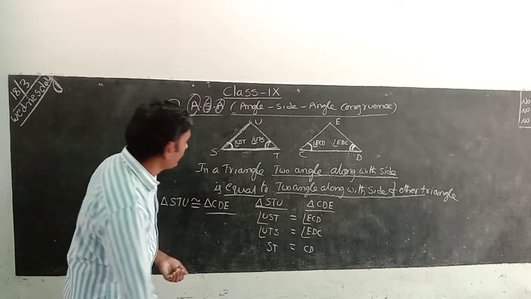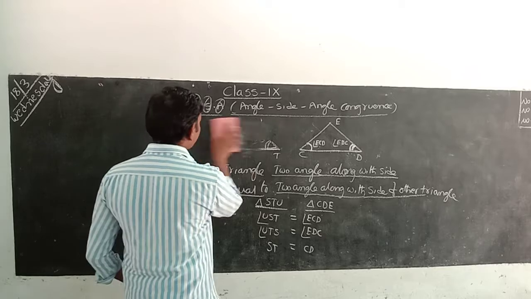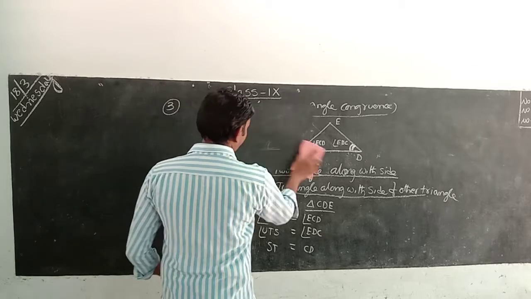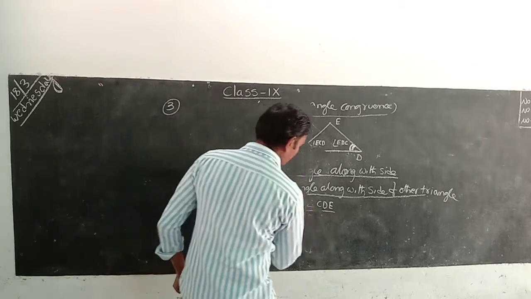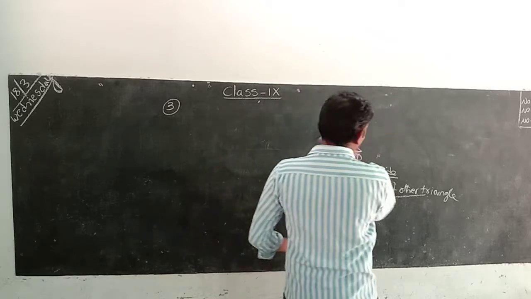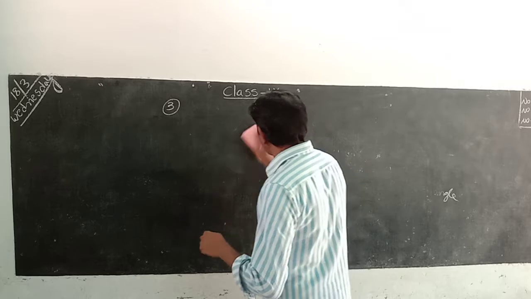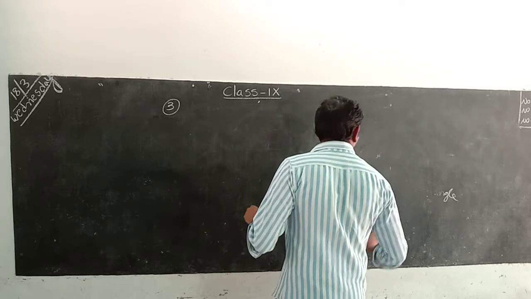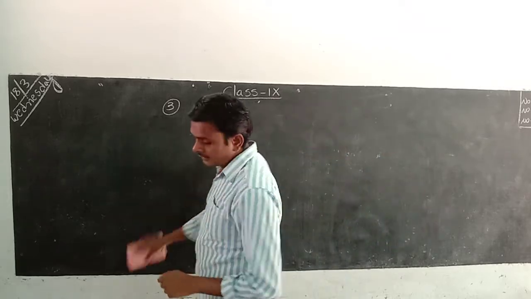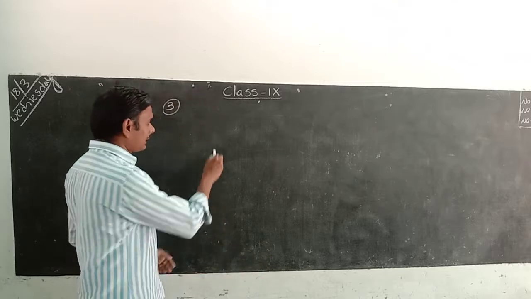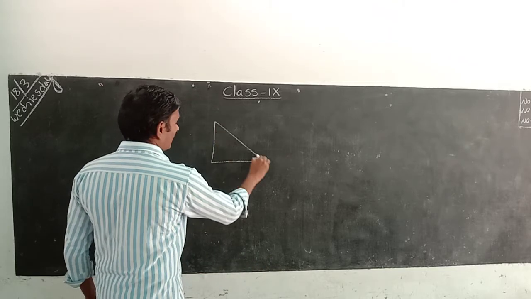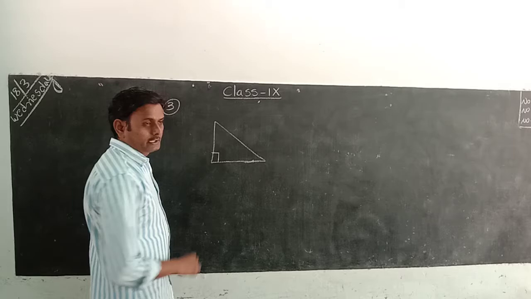This is the third one. The fourth one is the RHS criteria. If you consider the right angle triangle, already we discussed that one. Right angle triangle means one angle should be 90 degrees.